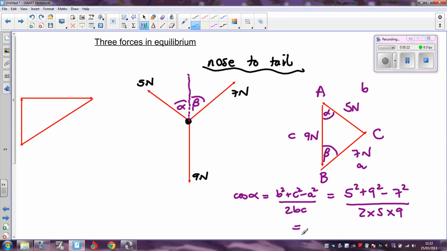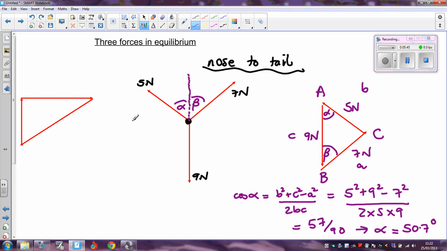Now that comes out as 57 over 90. And from that we can find out that alpha is actually just 50.7 degrees. I'm not going to carry on, but we can then do the same for beta using the cosine rule, different sides. Anyway, it just gives us a much easier way of working out missing angles.